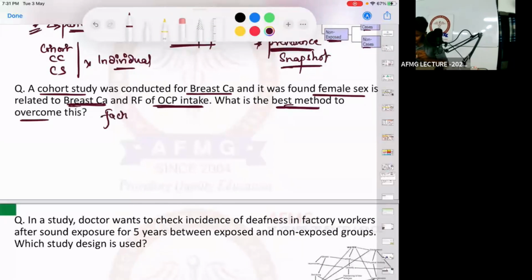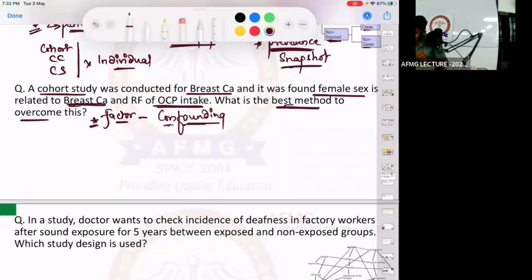This factor which is related to the breast cancer, that is disease, as well as it is related to the risk factor, that is OCP intake. So a factor which is related to the exposure as well as the outcome is the confounding factor. Okay. So the factor which is related to disease as well as risk factor or exposure as well as outcome is known as confounding factor.